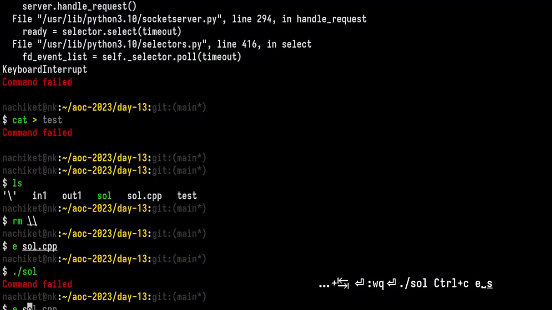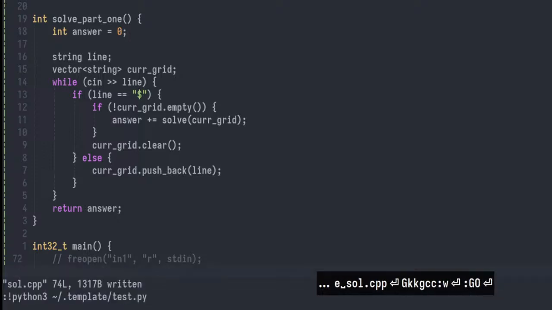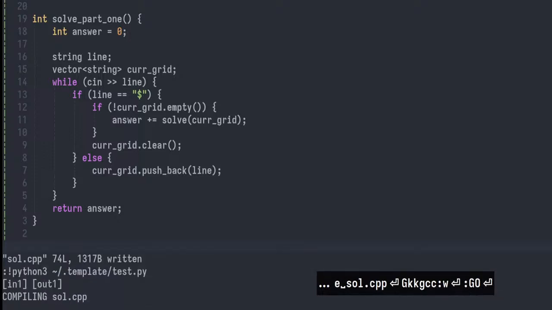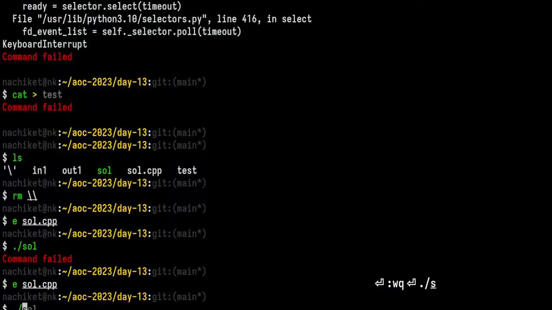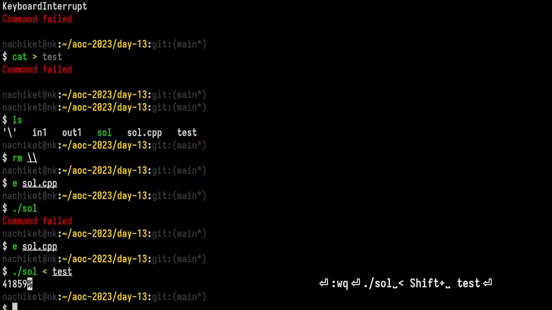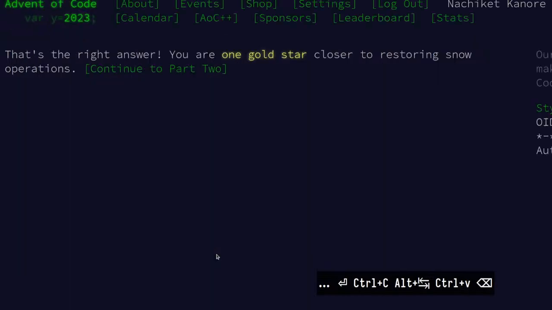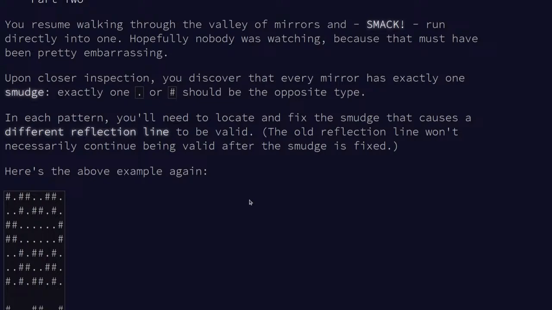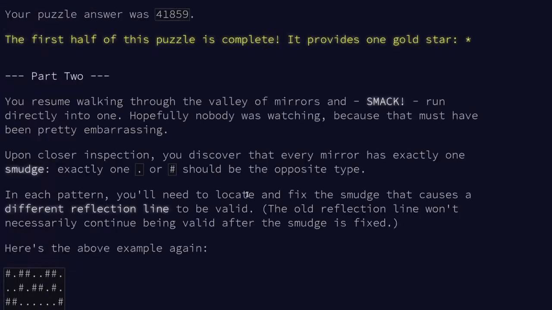But before that, I need to remove the hard-coded file reader. Looks fine. Run it on the last test case. Correct answer. Cool. Let me take the backup first.